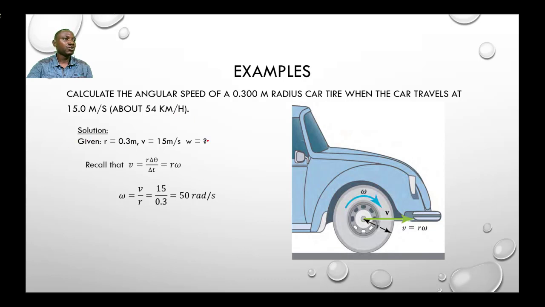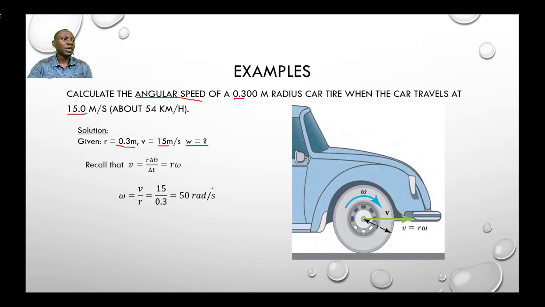Now if you want to solve this kind of question, the first thing you should do is identify the parameters that are given to you. The first parameter is the radius, which is 0.3, so you bring it out here. Then you are given the velocity, you bring it out here. So what are you asked to calculate? That is angular speed.